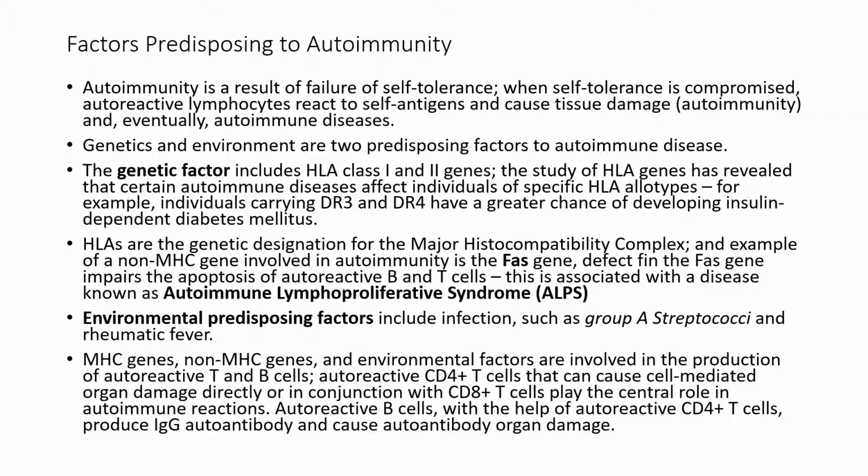This slide just goes into a little bit more detail about that. You can have a genetic background that makes you more predisposed to an autoimmune disease, and that has to do with the makeup of your own MHC complex and whether your MHC could have a genetic or HLA makeup that makes you a little bit more predisposed to having an autoimmune disease.